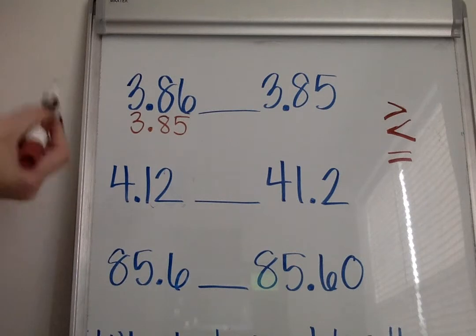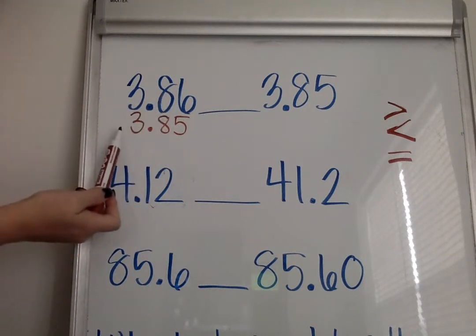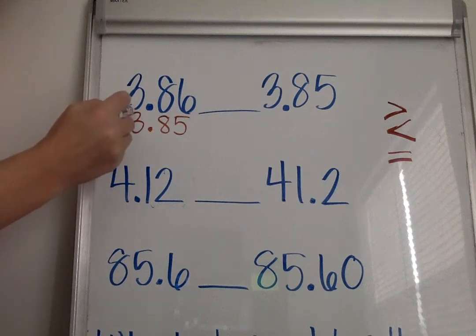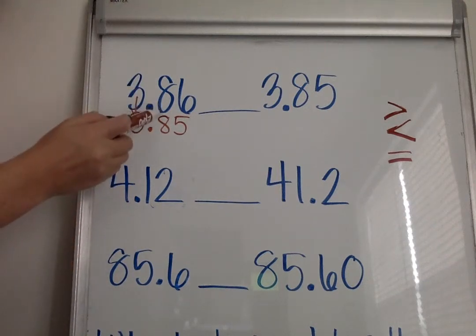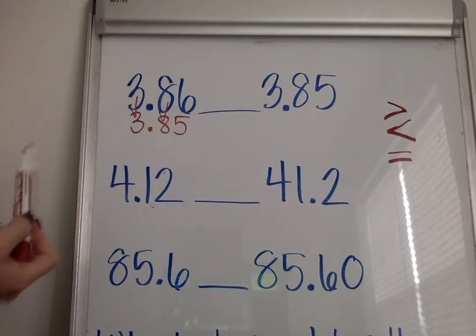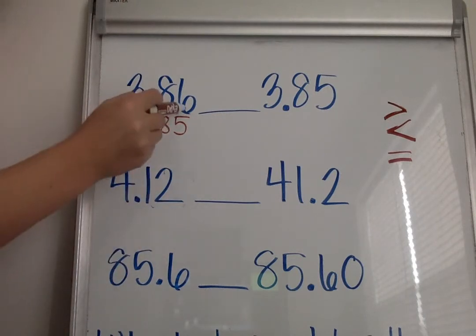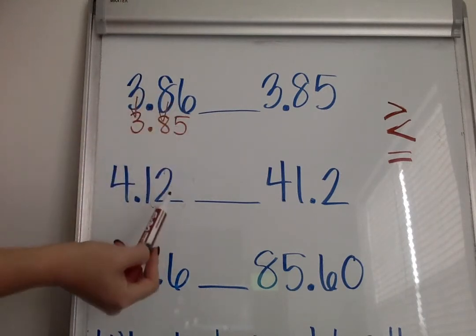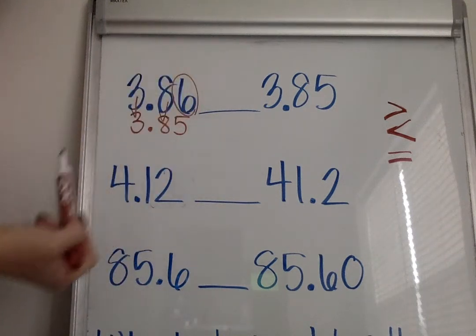And when I look at them, I'm going to compare the digits by place value. I'm going to start all the way to the right in the ones place, and I have the same number here, so I'm going to check that off. Those are the same. In the tenths place, I have an 8. Those are the same. I'm going to check those off. In the hundredths place, though, I have a different number. I have a 6 and I have a 5. My bigger number here is going to be 6.